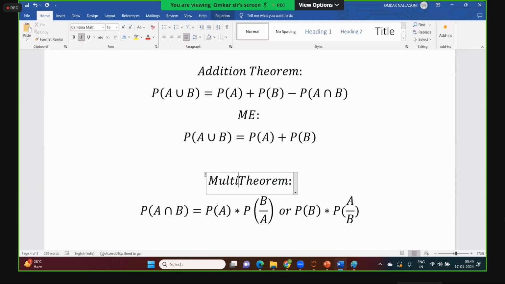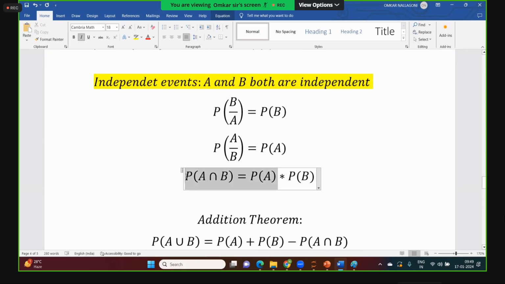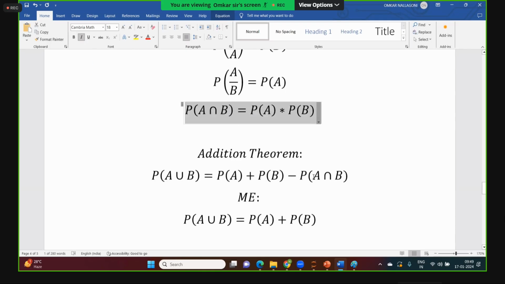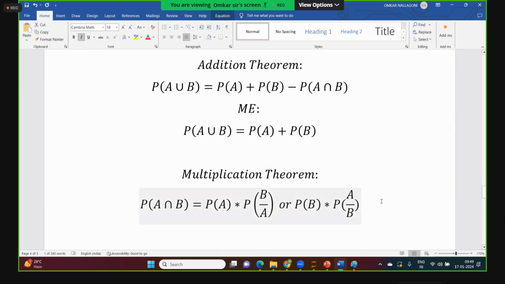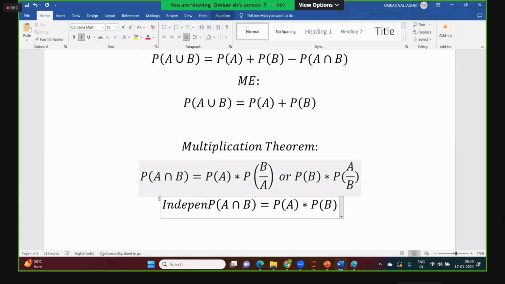In the multiplication theorem, the special case is independent events. So these four you need to remember.